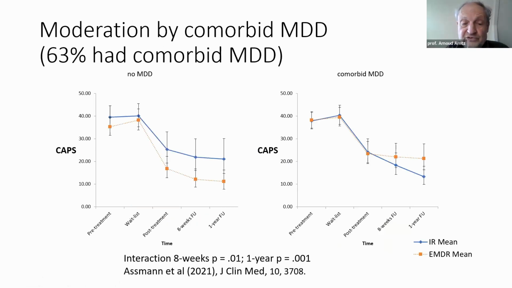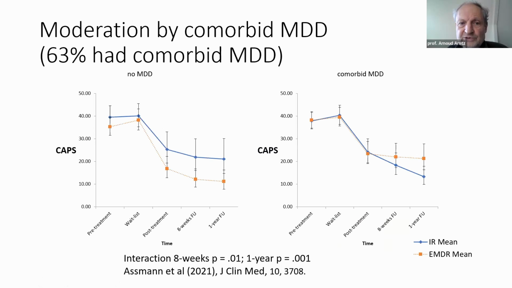Now, perhaps more importantly, is the finding that there is a difference between the two treatments in their effectiveness depending on the presence or absence of major depression or any depressive disorder. And 63% had a comorbid major depression.